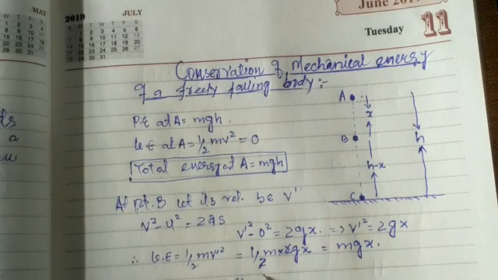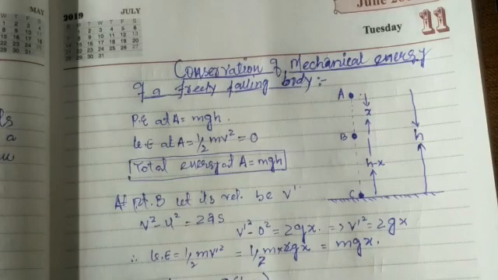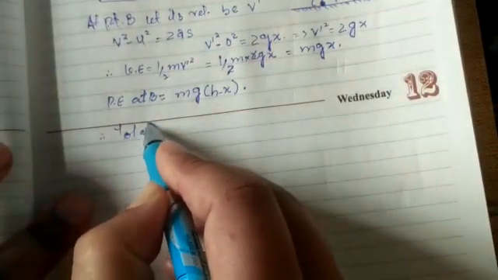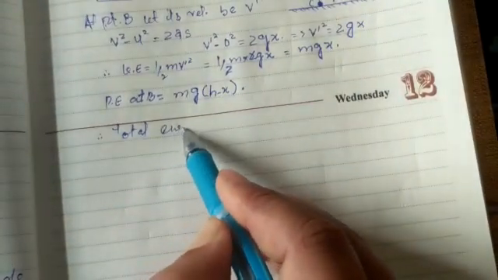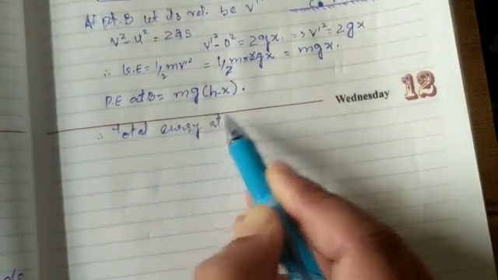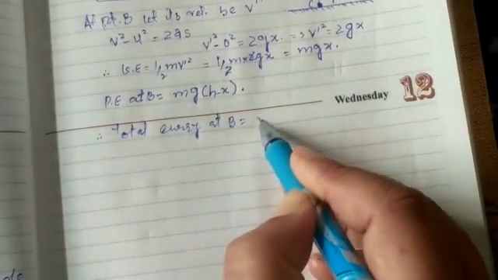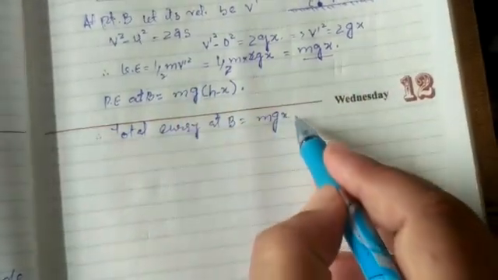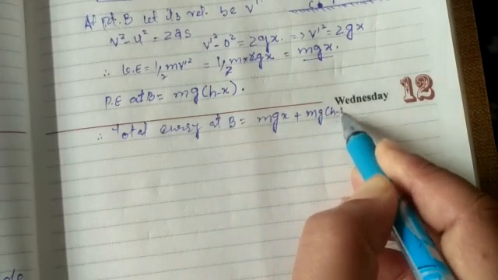Combining these, the total energy at B equals mgx, which is the kinetic energy, plus the potential energy, that is mg(h minus x).